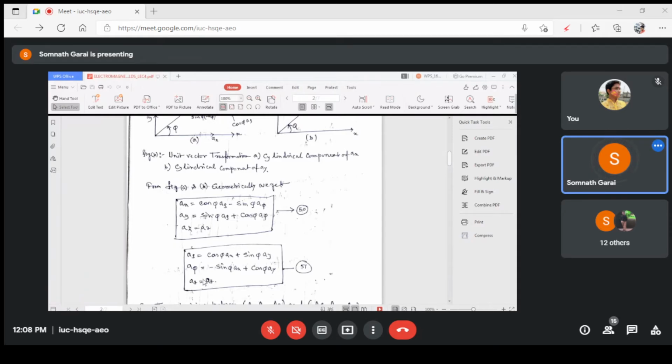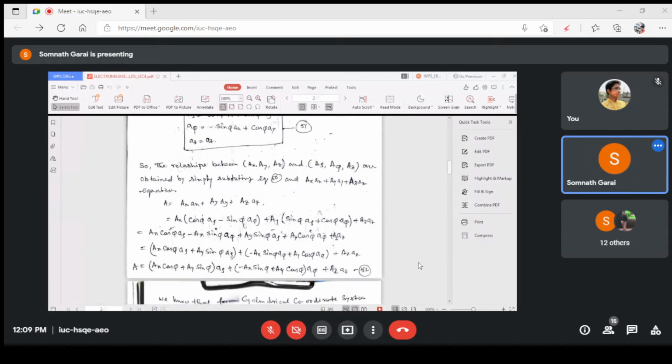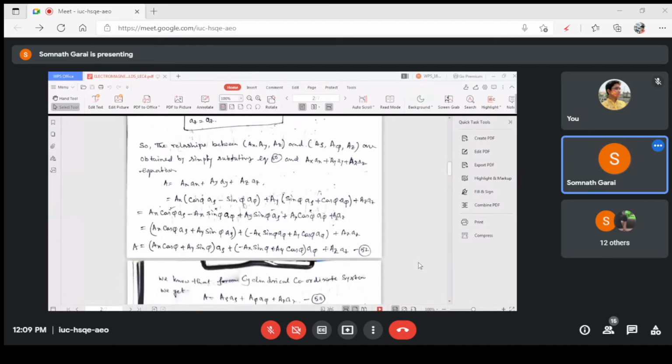That's why a phi is equal to minus sin phi ax plus cos phi ay, and az is equal to az, because it is the same direction in both coordinate systems. Z is the same direction in both coordinate systems. Okay, got my point? Now clear to all?